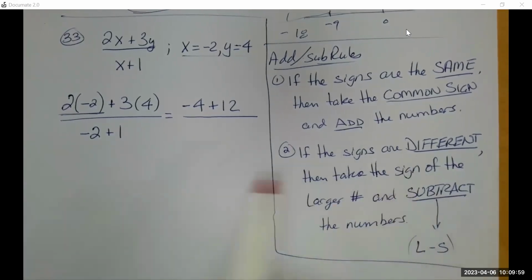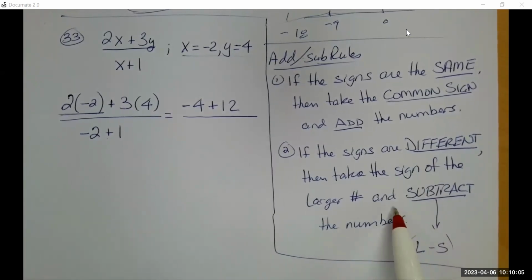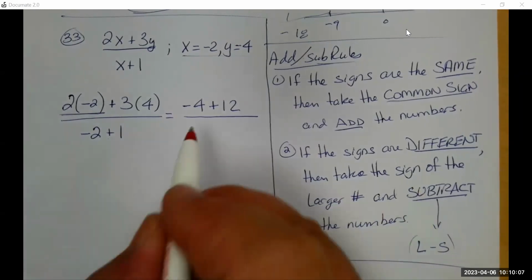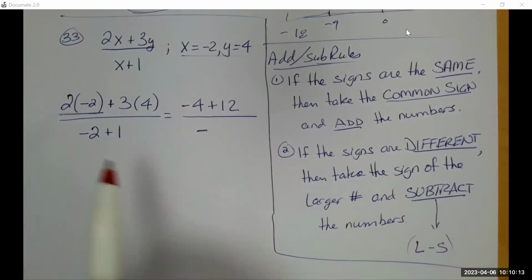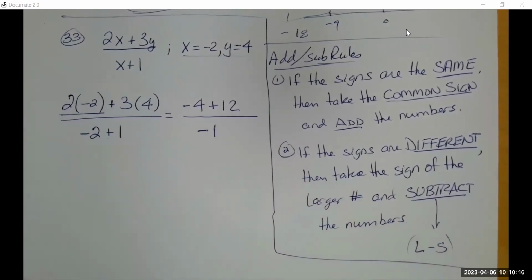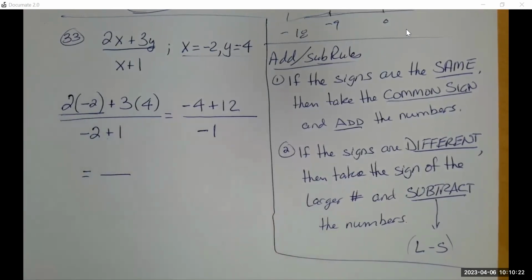Well, here's the rule here. Are the signs the same or different? What do you do? So it would be negative still because the 2 is bigger, and then subtract the numbers. 2 minus 1. Okay, the top becomes what?